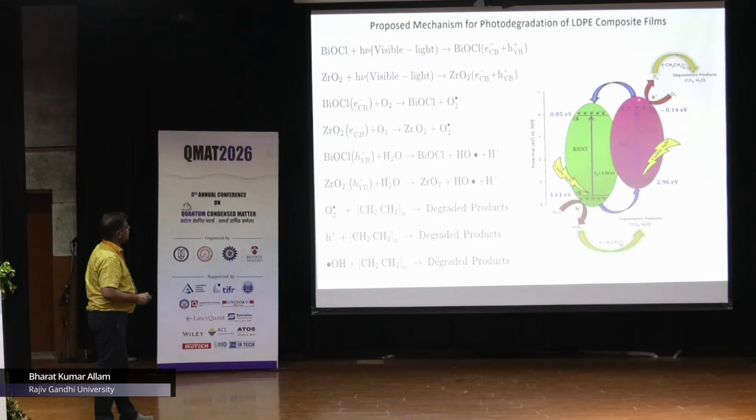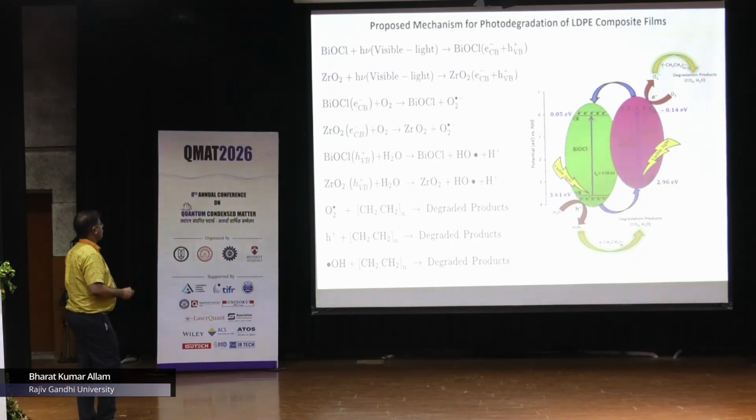Similarly, from the water or from the hydroxide ion, the holes will facilitate the formation of hydroxyl radicals. So these superoxide radicals, hydroxyl radicals and holes will provide various degradation products like CO2 and H2O.